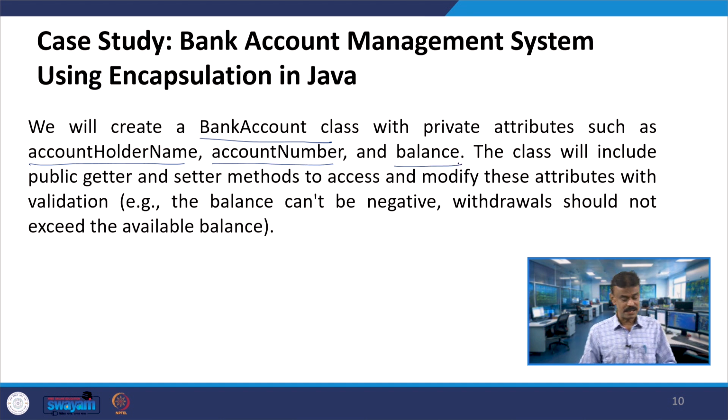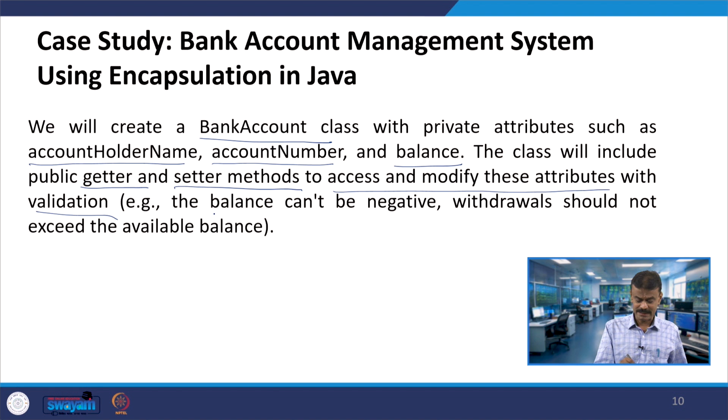The class will include getter and setter methods to access and modify these attributes, with validation. What is the validation? The bank balance cannot be negative and withdrawal should not exceed the available balance. So, you have to check this validation.